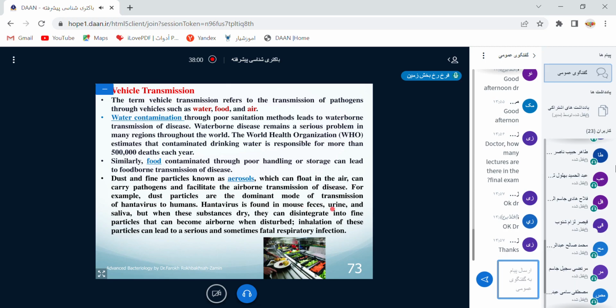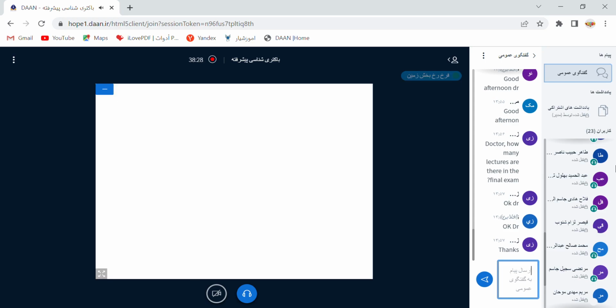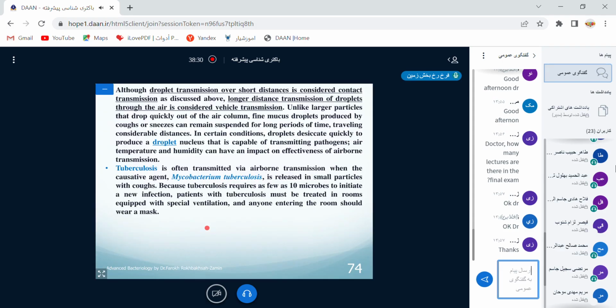Hantavirus is found in mouse feces, urine, and saliva, but when these substances dry, they can disintegrate into fine particles that can become airborne when disturbed. Inhalation of these particles can lead to serious and sometimes fatal respiratory infections.